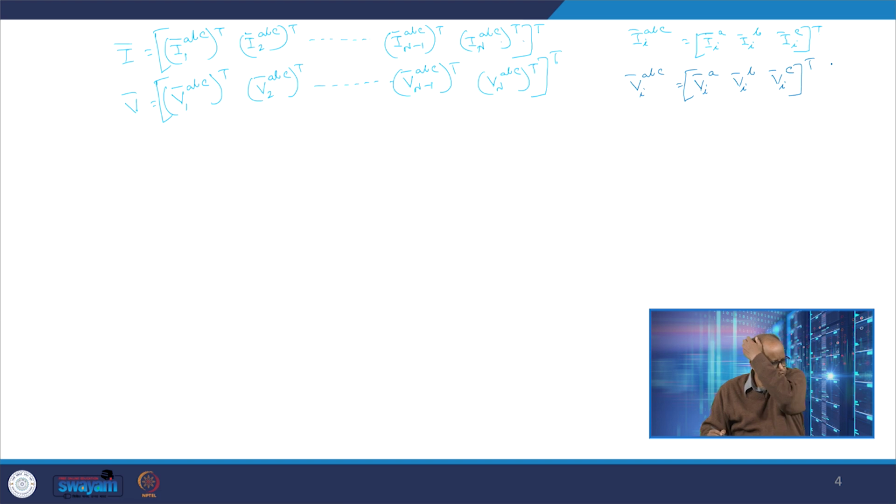And the elements of Y, or rather the block diagonal 3 cross 3 matrices, I should write for the Y matrix. This Y matrix is nothing but the so called bus admittance matrix.